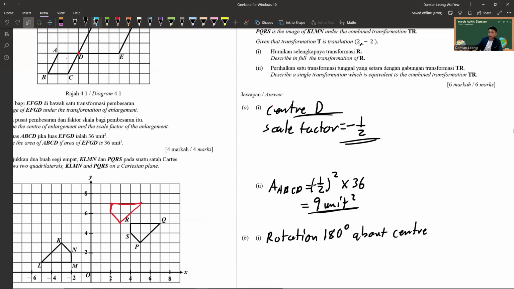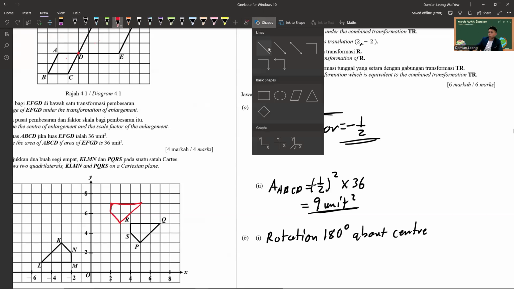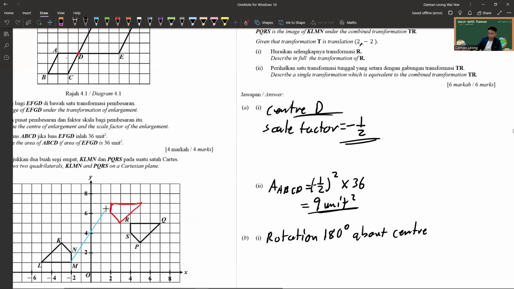I want the center of rotation. Center of rotation is very easy for 180 degrees. Just connect the equivalent points in the object and image using straight lines. Where they intersect, that's the center of rotation, which is here, 0, 4.